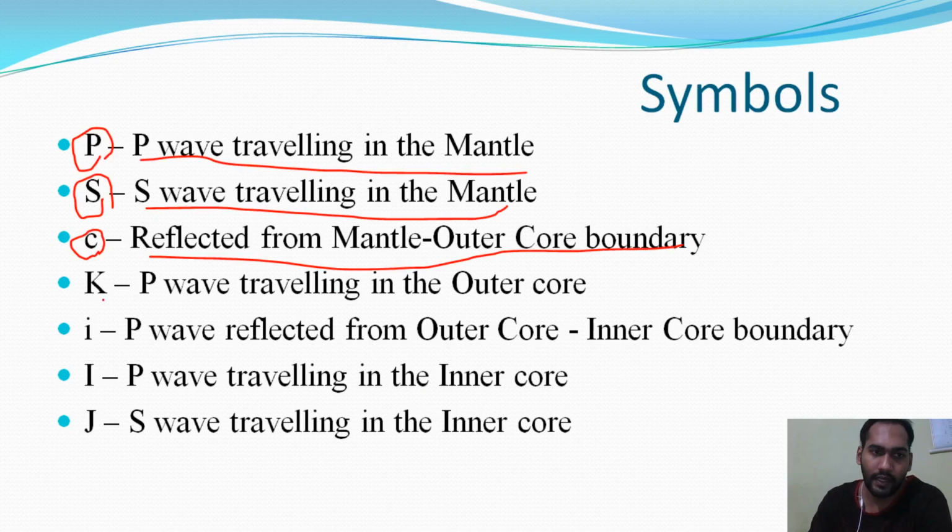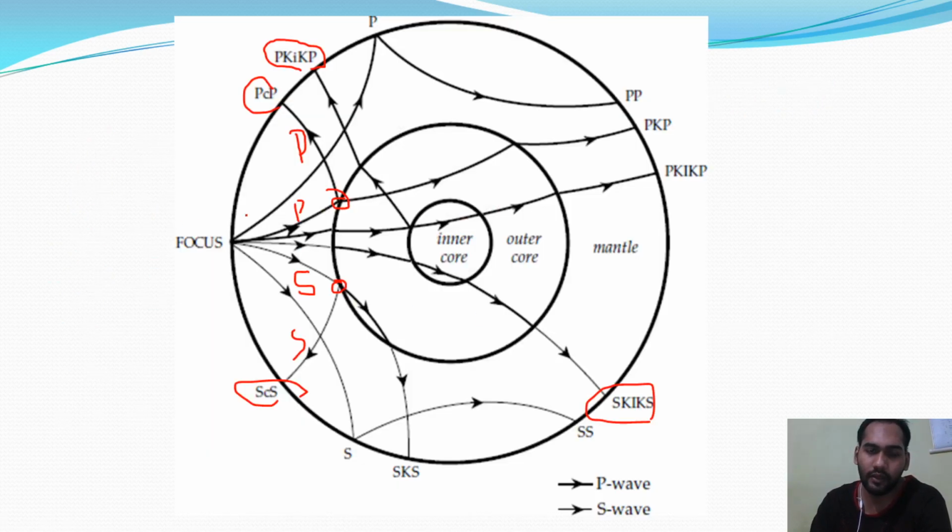Then capital K. What is capital K? That is P wave traveling in the outer core. When P wave travels in the outer core, that will be named as K. You can see this is PKP. That means P wave traveling in the mantle, then K wave traveling.